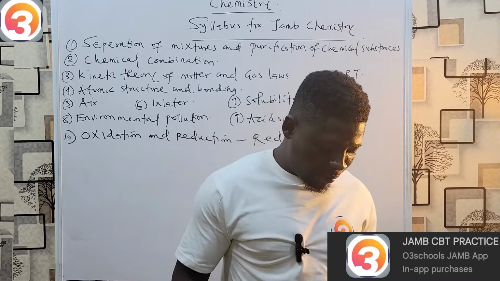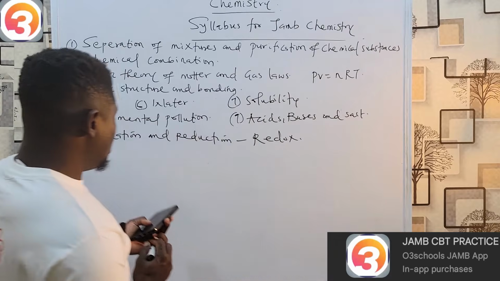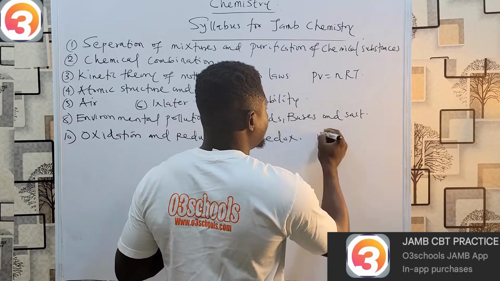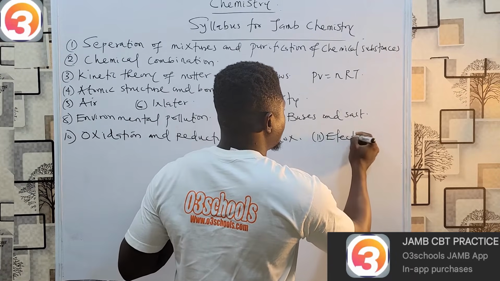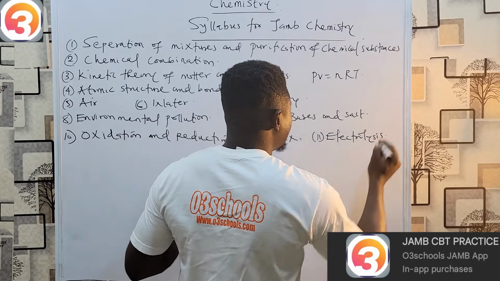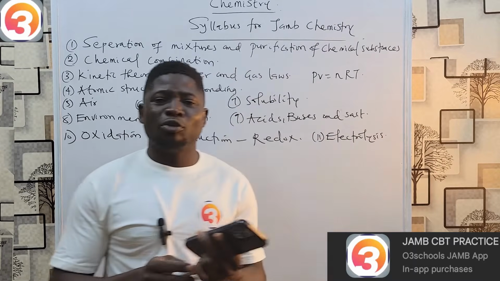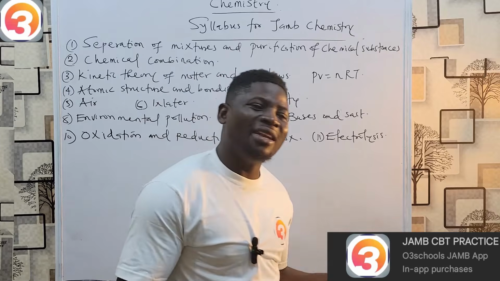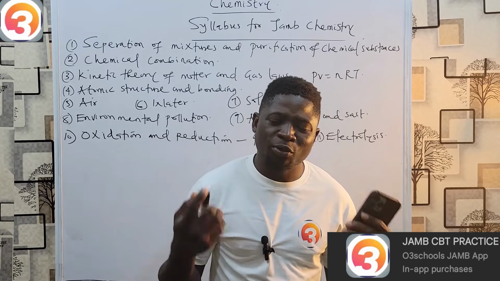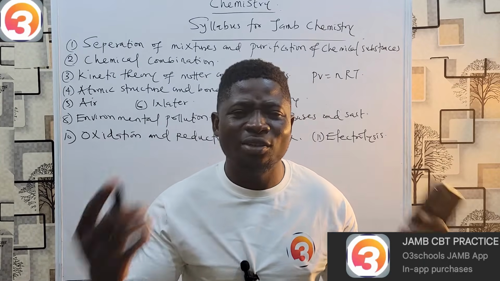The 11th topic is electrolysis. This is a topic that most people find difficult. The calculations under it are very easy. But what you need to understand are simple theories.